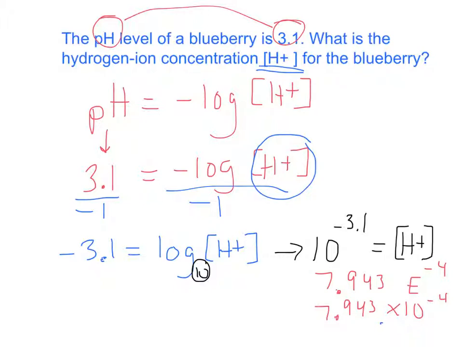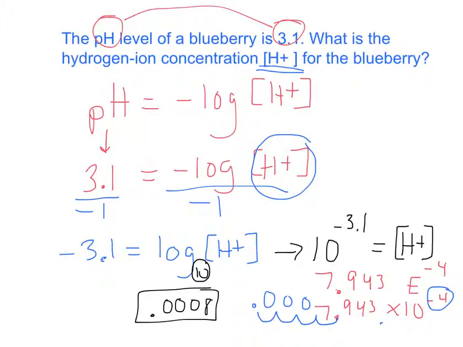Well, I need to go -4 times to the left with my decimal. So 1, 2, 3, 4. So that's really the same as 0.0007943. So on a test, your final answer would show up like this, 0.000, and it's going to round it to an 8.